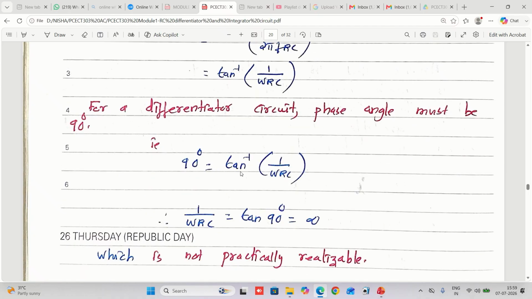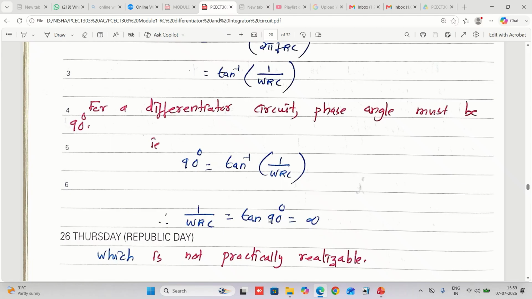Taking tan on both sides, tan of tan inverse gives 1 by omega RC on the left-hand side, which equals tan 90 degrees, that is infinity, which is not practically realizable.